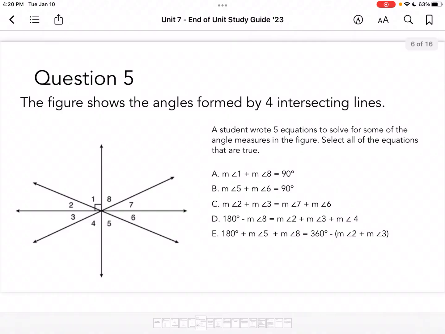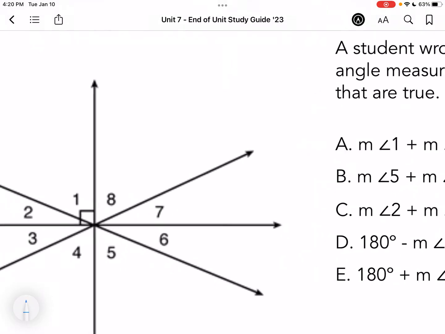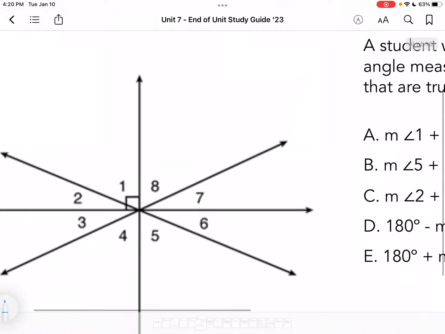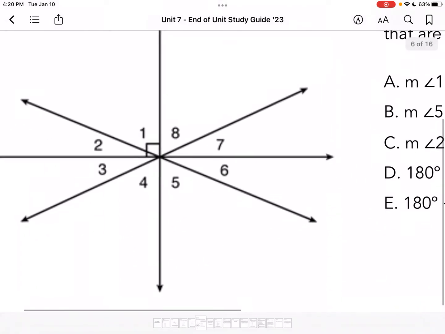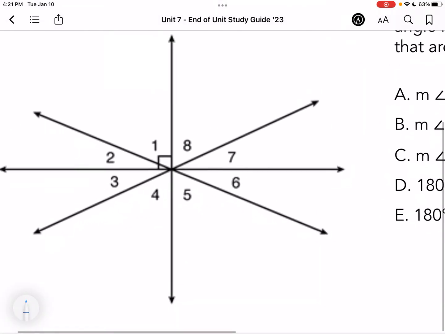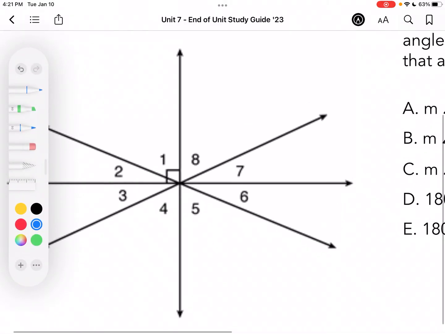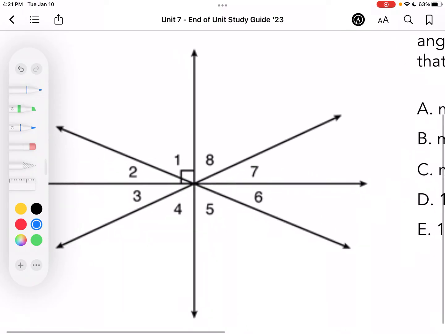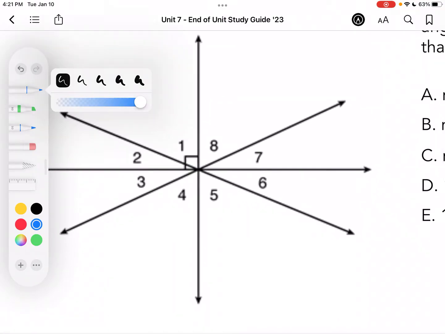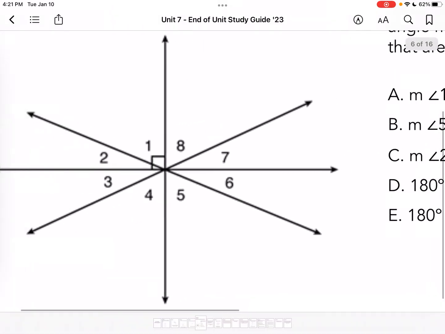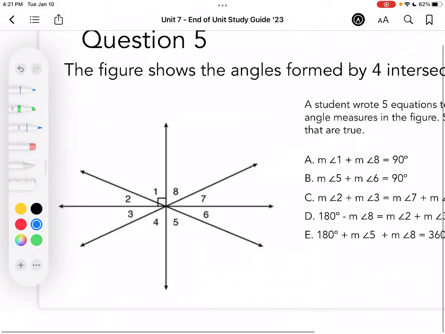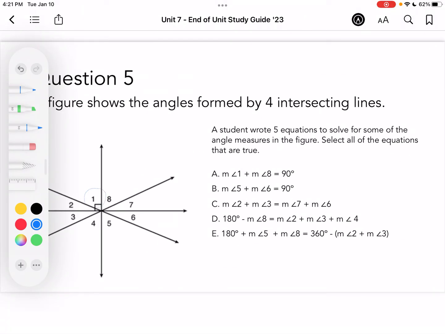Well, angle 1 and angle 8 are 90 degrees. So angle 1 plus angle 8 would equal 90.